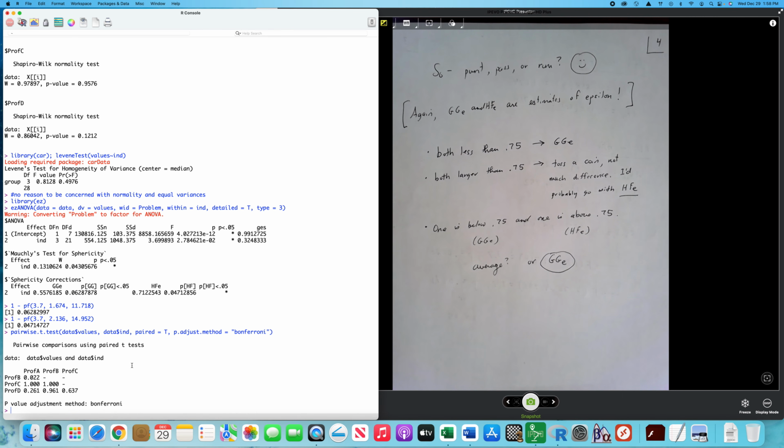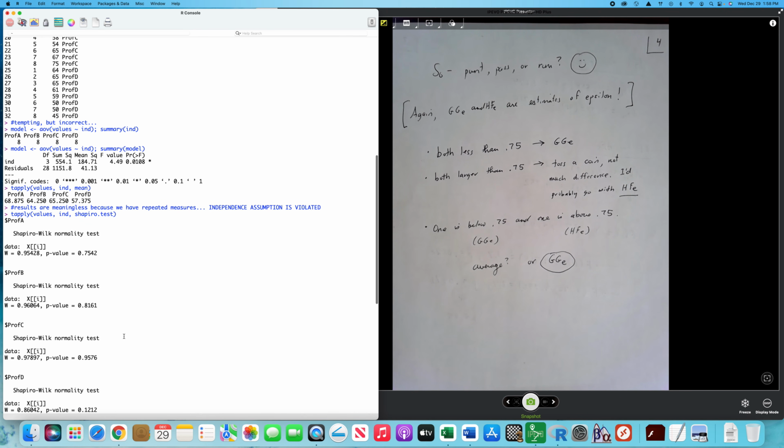And again, wacky stuff here. Our model is not statistically significant, again, because of the violation of the sphericity assumption, yet we have one pairwise comparison, Professor A with Professor B, which is statistically significant.